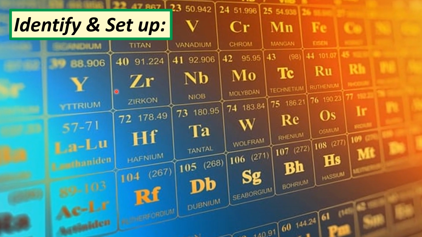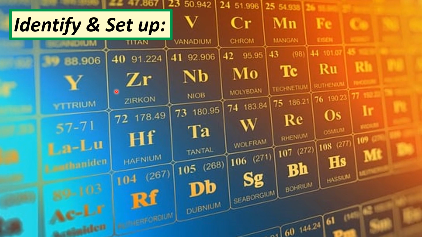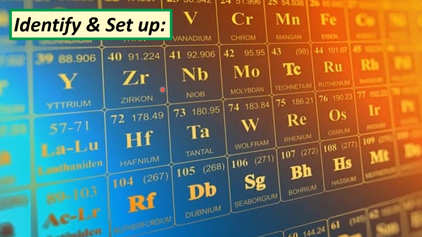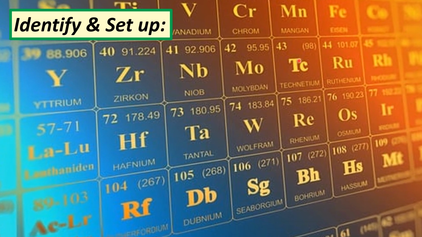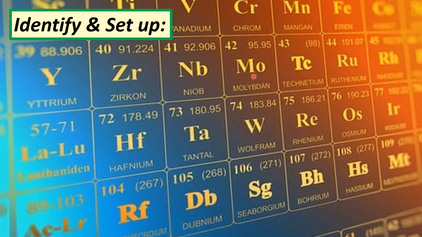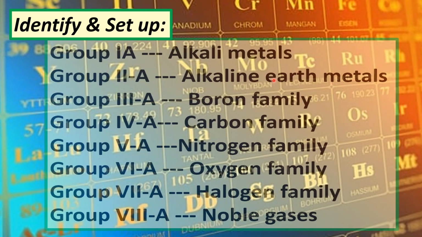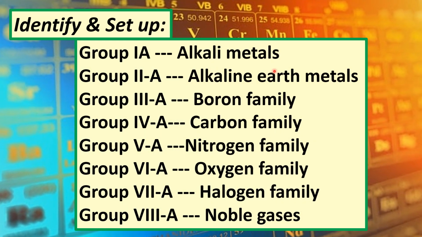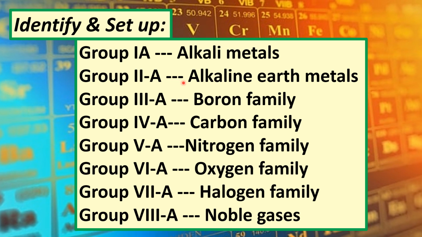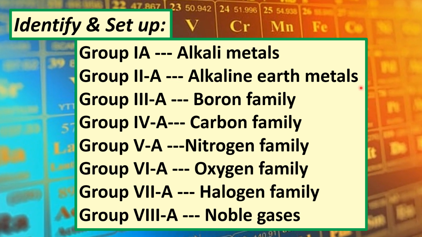A group is often called a family because of the similarity of the elements within it. A family is usually given a name, and these are the families and their special names. We have group 1A, also known as the alkali metals. Group 2A are called alkaline earth metals.